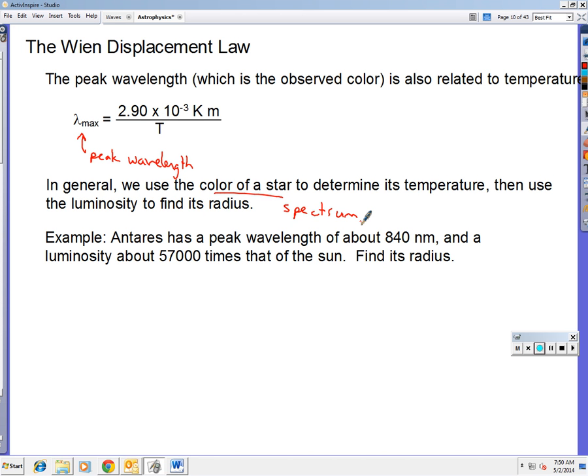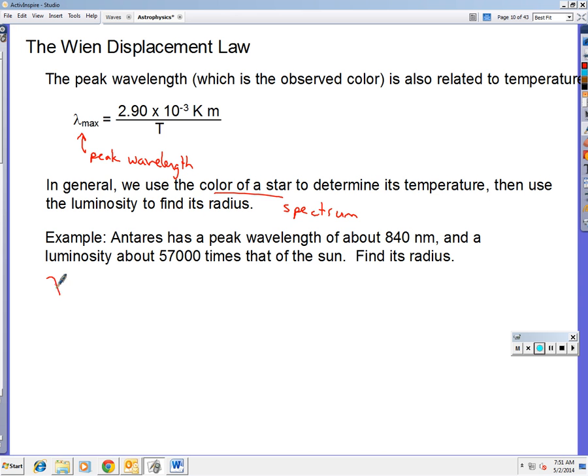So for instance, a star called Antares has a peak wavelength of about 840 nanometers and a luminosity 57,000 times that of the Sun. We want to find its radius. In order to find the radius, we need to find the temperature first.